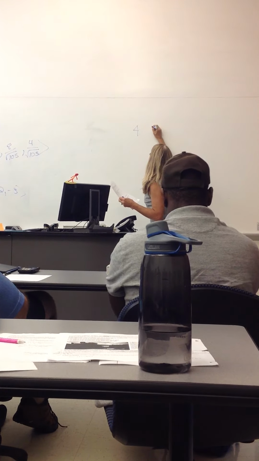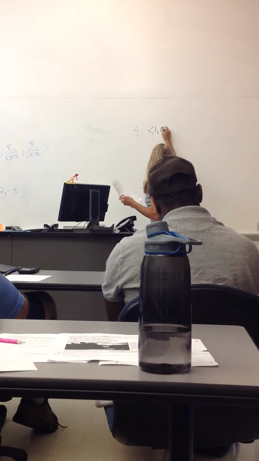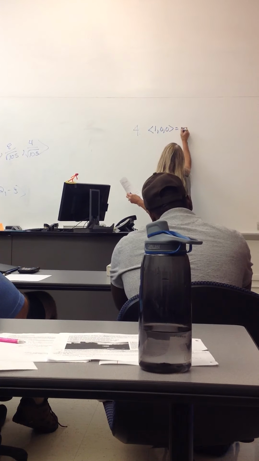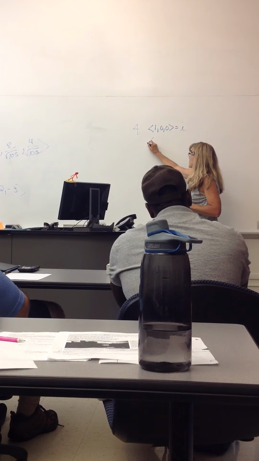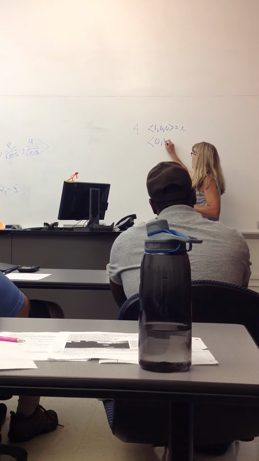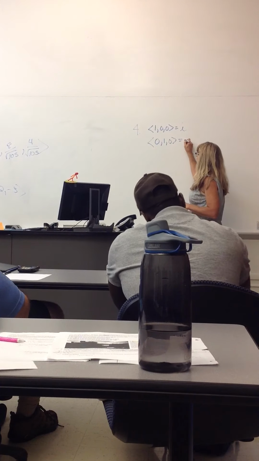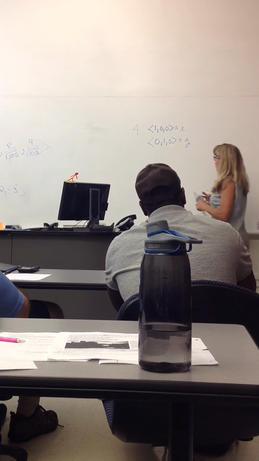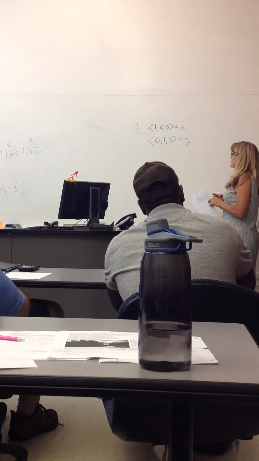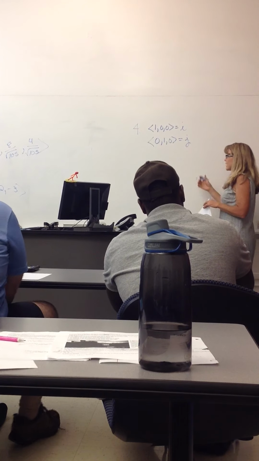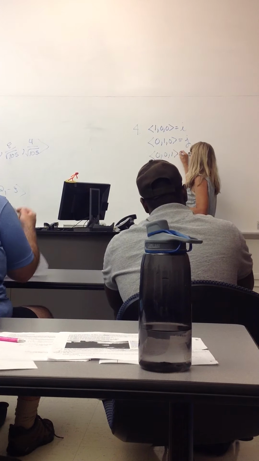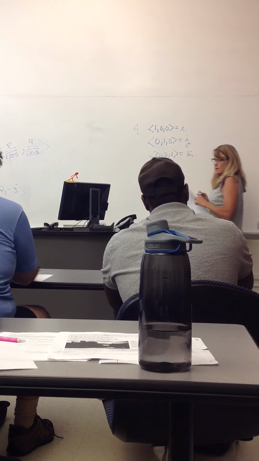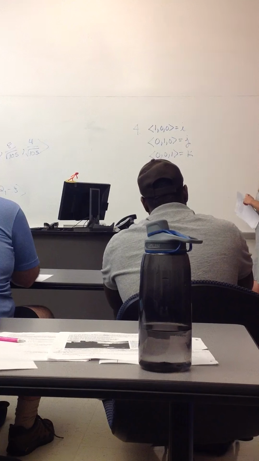Mention real briefly, but the vector that points down the x-axis is one of the standard basis vectors. The vector that points down the y-axis with length 1 is another of the standard basis vectors, and the vector of length 1 that points down the z-axis is one of the standard basis vectors.